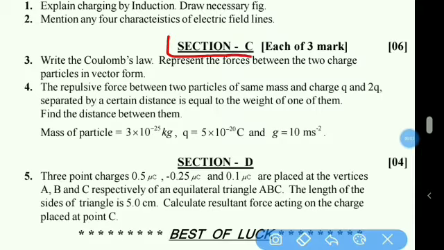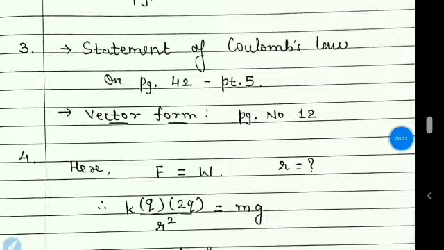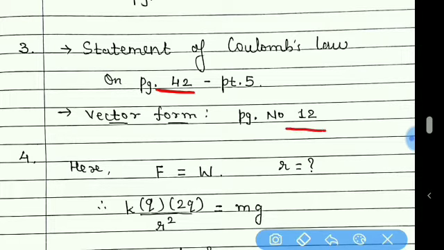Now section C, each question is of 3 marks. In question number 3, write Coulomb's law and represent the forces between the two charged particles in vector form. The answer for this question is given on page number 42 as well as page number 12.